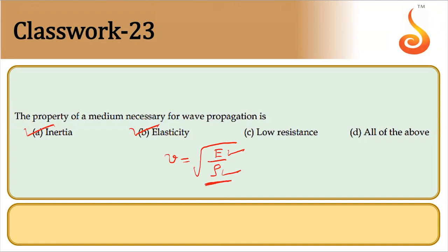Density is a measure of inertia. Then of course there must be low resistance. So the correct answer is option D, all of the above. For wave propagation, all three must be there. Yes, hope you have taken this. So move to the next.